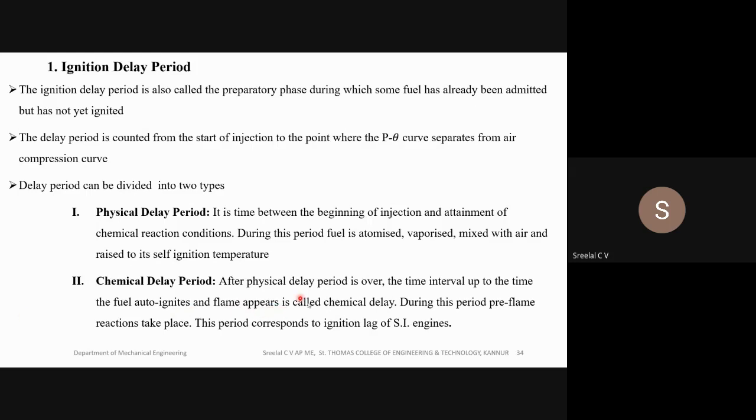And it is called the chemical delay period. Just like in SI engines, where a thin thread forms, during this period the pre-flame reaction takes place. So this pre-flame reaction we can simply say is the chemical reaction before the combustion.